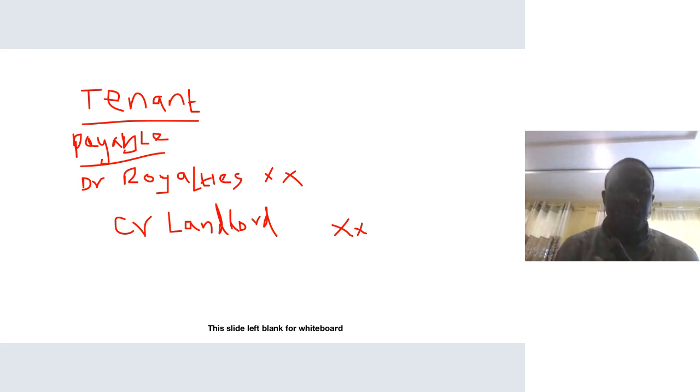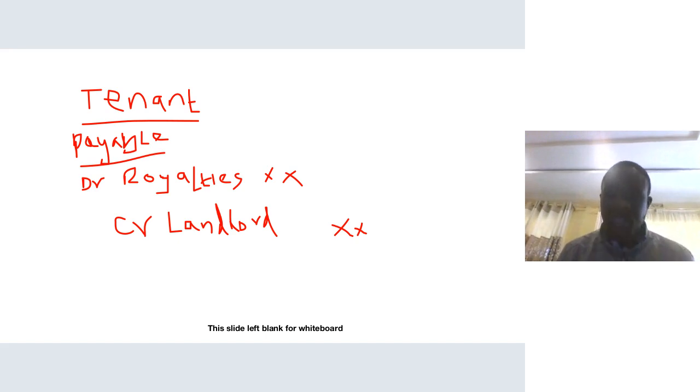Number two, when the tenant actually pays the amount to the landlord. Now when the actual payment is made, we will debit the landlord's account because he's receiving the amount, and then we credit the cash book.